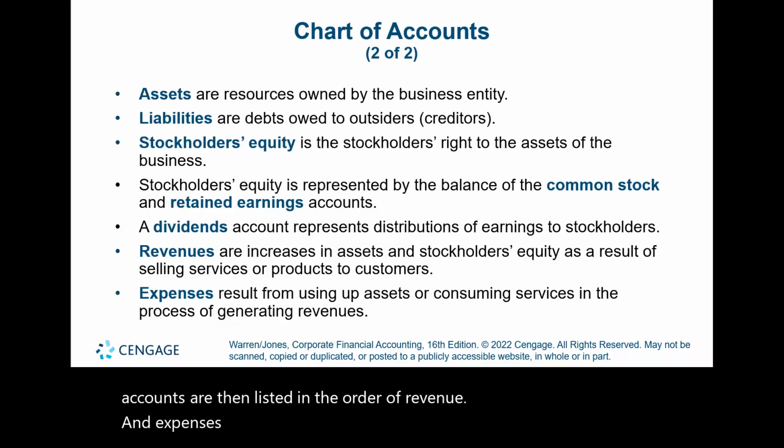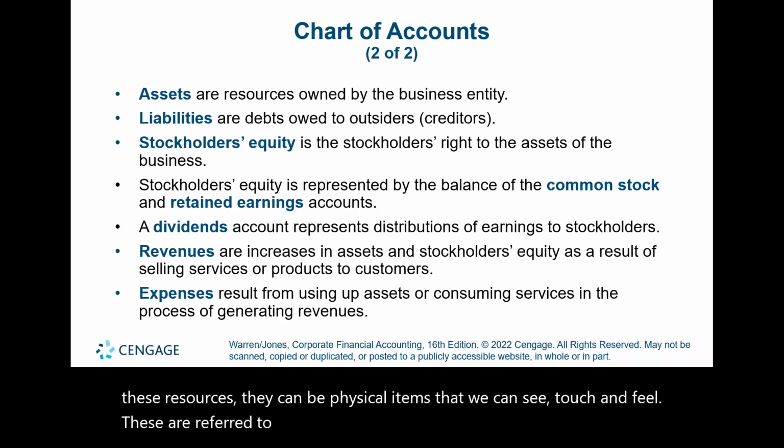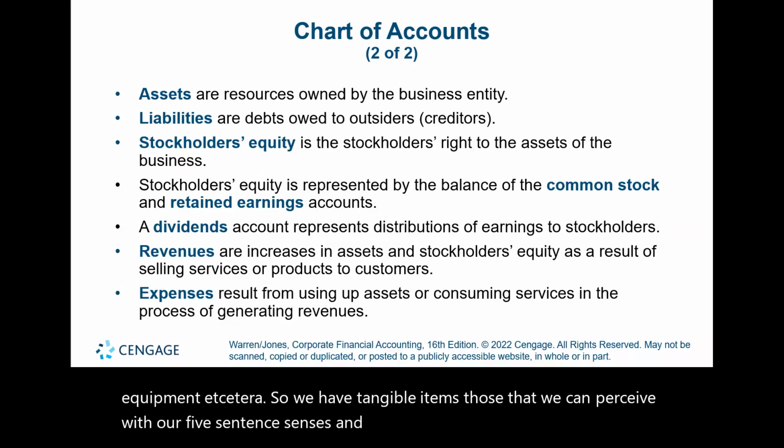So assets are defined as resources owned by the entity. These resources can be physical items that we can see, touch, and feel. These are referred to as tangible items. These can be cash, supplies, equipment, etc. So we have tangible items, those that we can perceive with our 5 senses, and we also have intangibles.